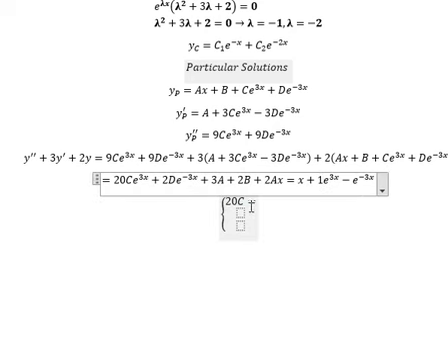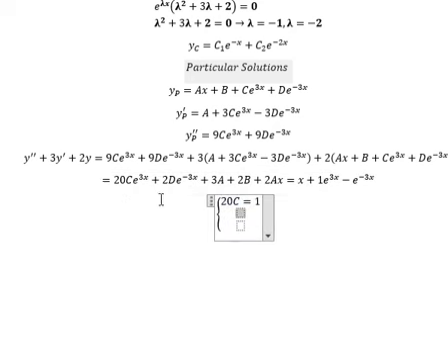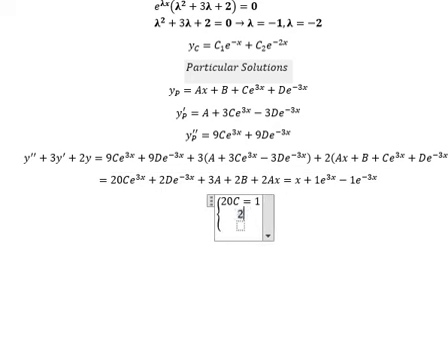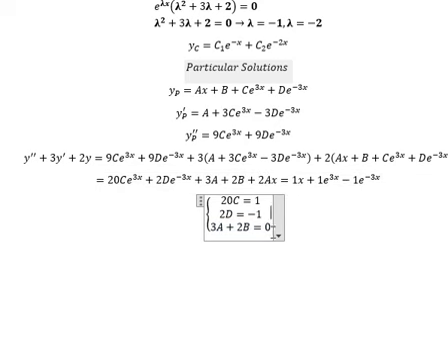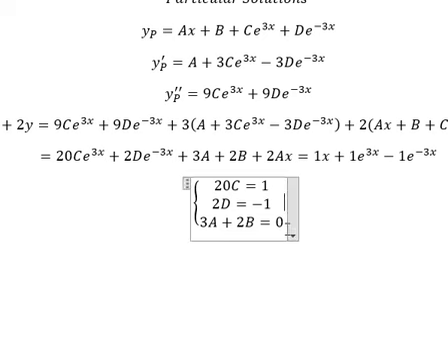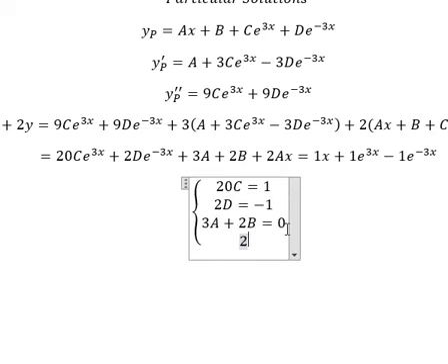So 20c equals to number 1. 2d equals to negative number 1. 3a plus 2b equals to number 0 because we don't have the constant, and 2a equals to number 1. And now we can find the solutions of A, B, C, D.